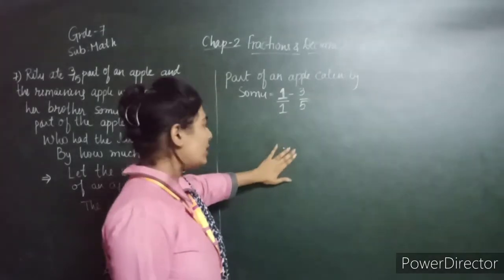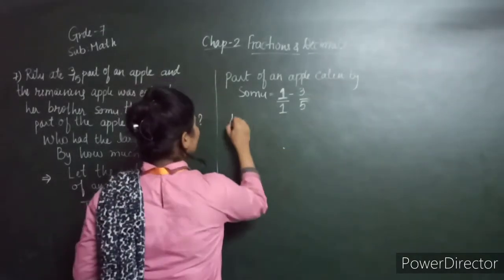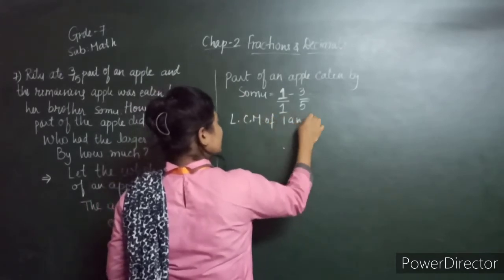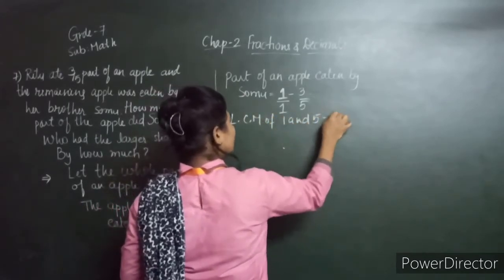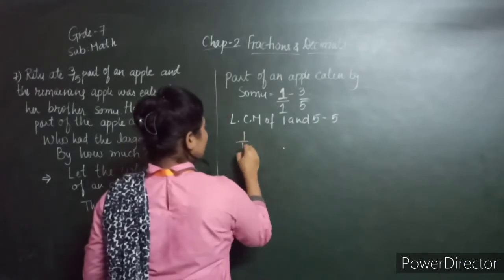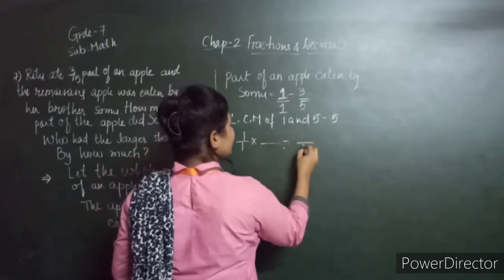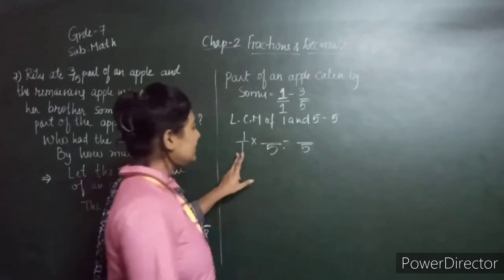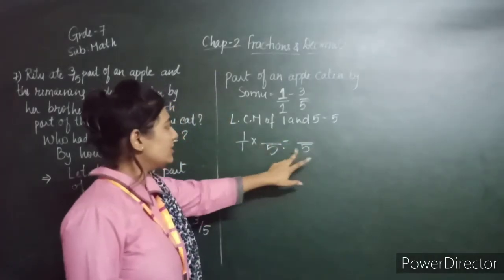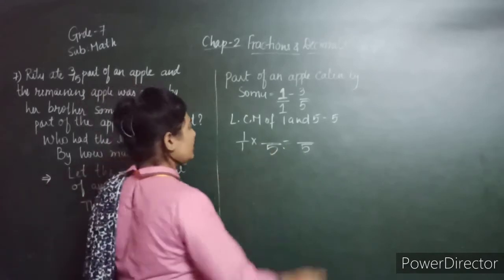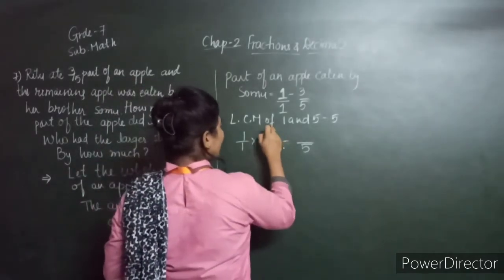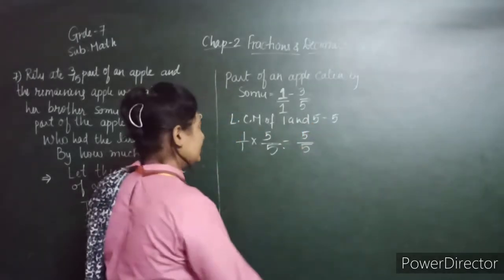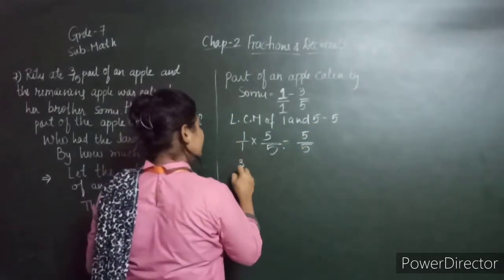So what is the LCM of 1 and 5? So LCM of 1 and 5 is equal to 5 only. So now here we have to make the denominators equal. So with which number we multiply the denominator, we get 5 here? So with 5. If you multiply the denominator with 5, we have to multiply the numerator with 5. So here we get 5 upon 5. Then here 3 upon 5.